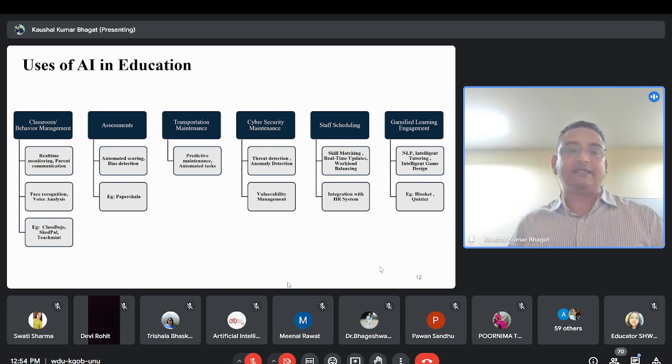Next is about the assessment, which is one of the key areas where artificial intelligence could be implemented. As I mentioned, we have such a large number of students in the school, in the university, right? It is very difficult for the assessment, specifically when we are talking about the formative assessment.